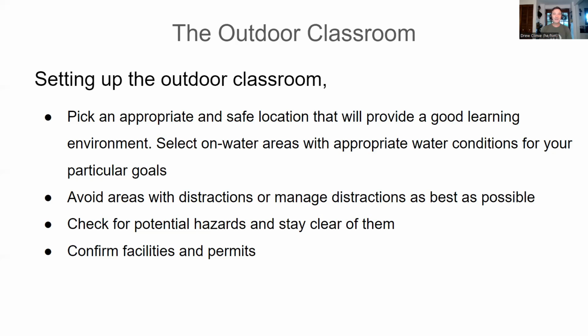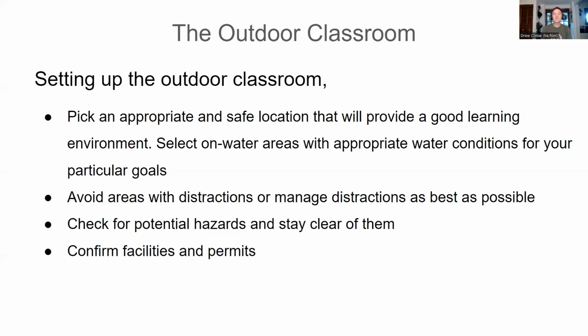If it's youth, it's going to be pretty short. So someone riding by on a bike will suddenly be more interesting than whatever it is that you're saying. So we want to position our students so that there's as few distractions in their line of sight as possible. We can't get rid of all of them, but we can try to minimize as many as possible.